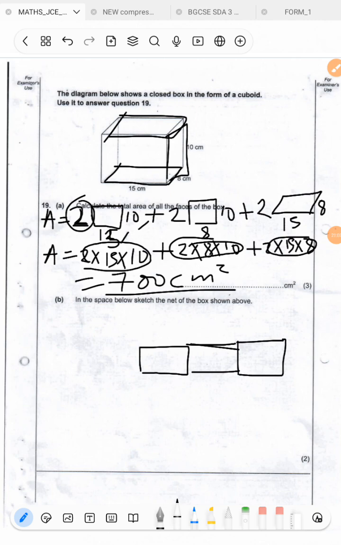And then this side I'm going to draw it back here. What's missing is this side here, and then the back side. So that's the sketch there.